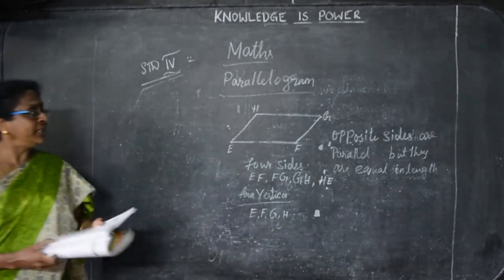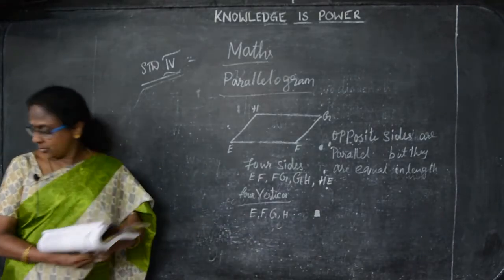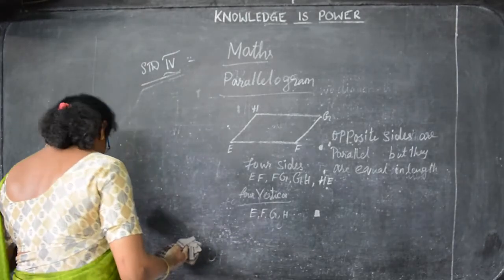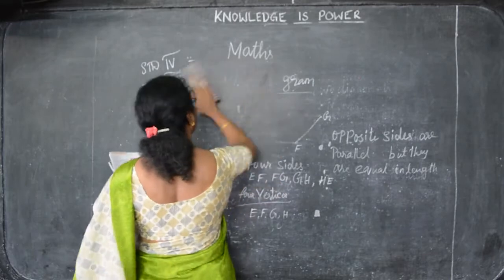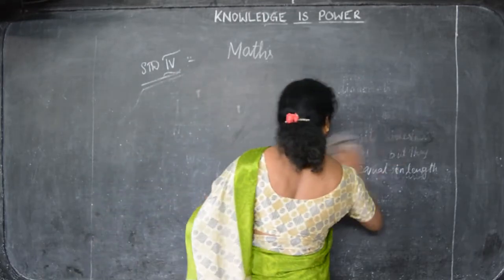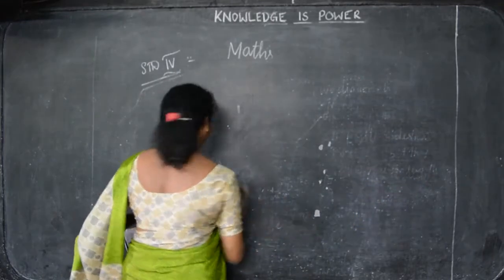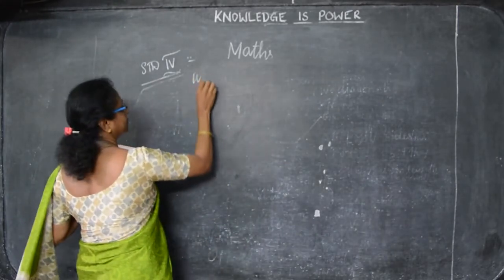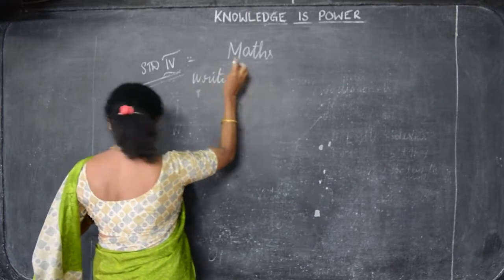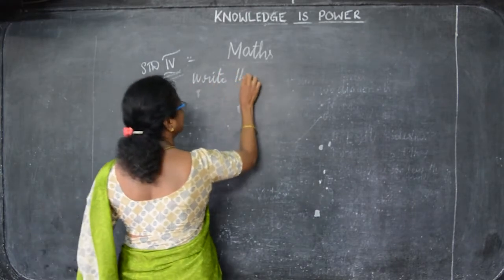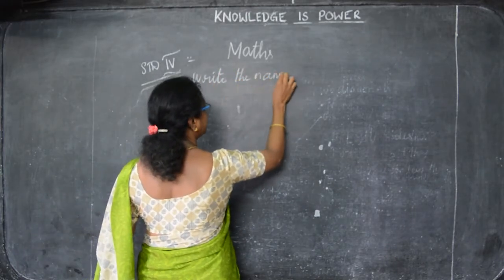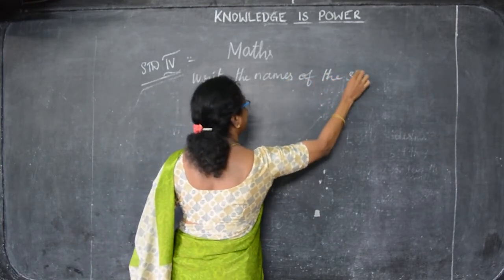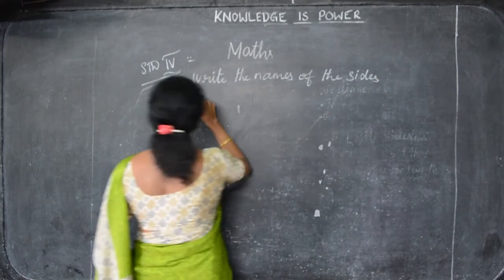So now I'll draw the picture. You just write the names of the sides and the diagonals. Take a paper or any notebook, draw the picture, and tell me the sides and the diagonals. Write the names of the sides and the diagonals also.